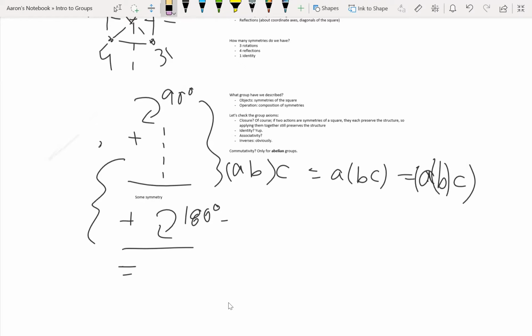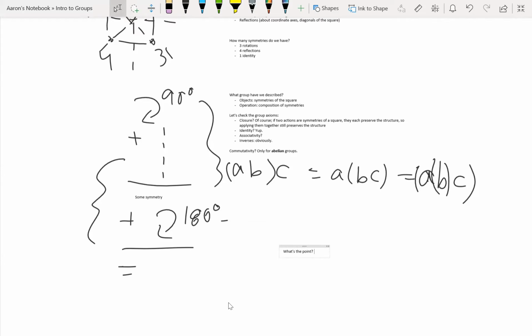Okay. So really you should just be like, okay, our objects are functions. They're actions on the square. And so their composition should be associative because function composition is. Okay, so what do we conclude? What's the point?